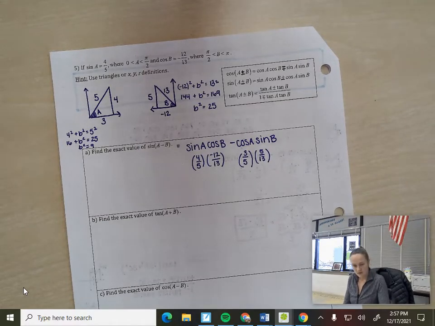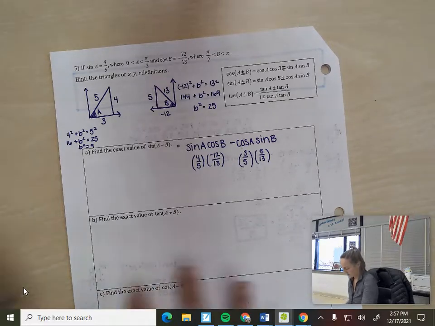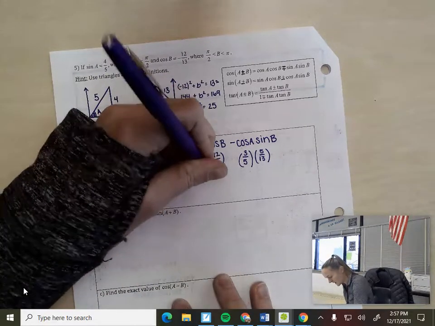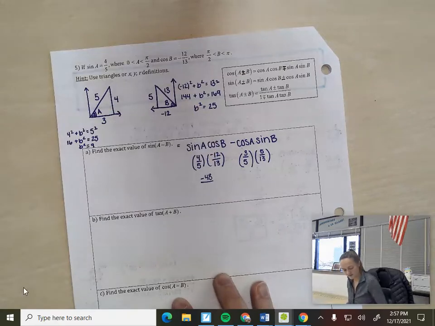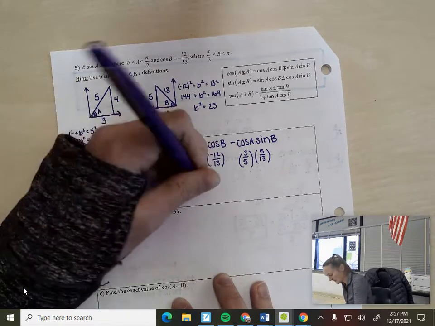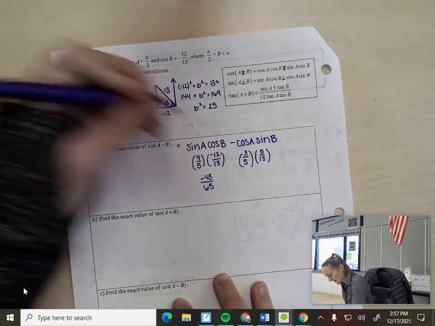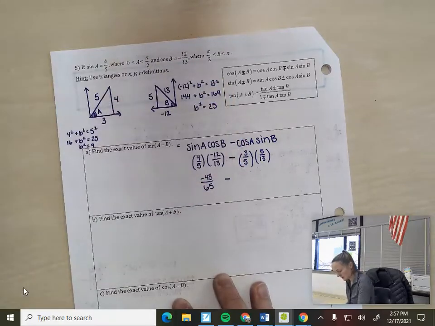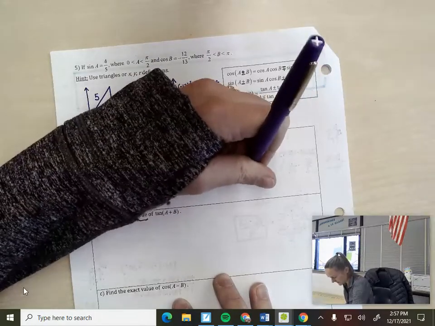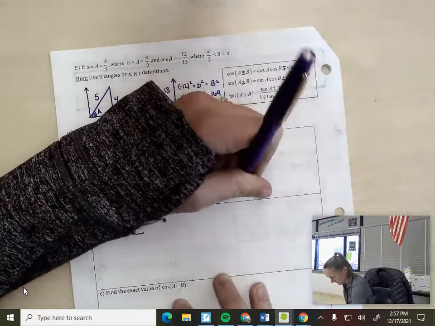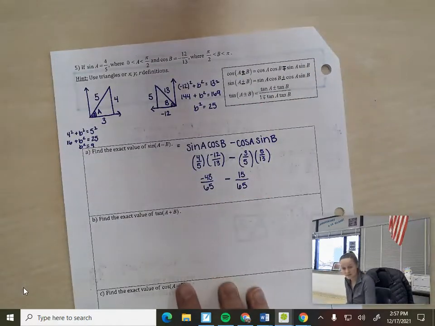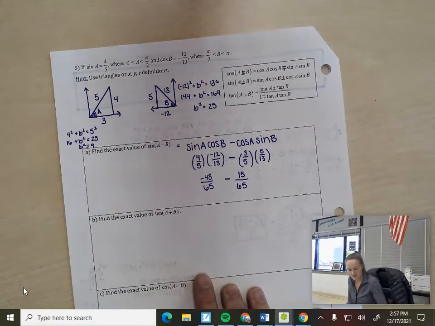So 4 times 12 is 48. So I've got negative 48 over 5 times 13 is 65. And then I've got my minus sign in between, minus 15 over 65. They have a common denominator, so I can subtract these.